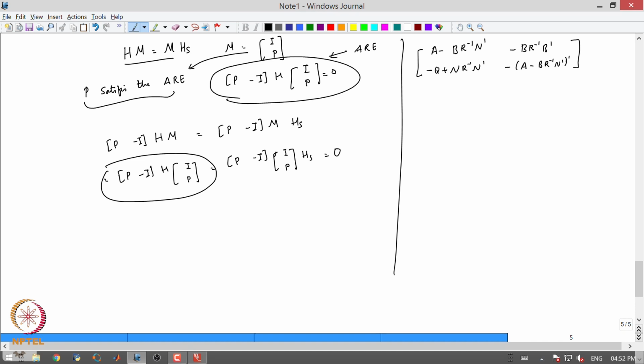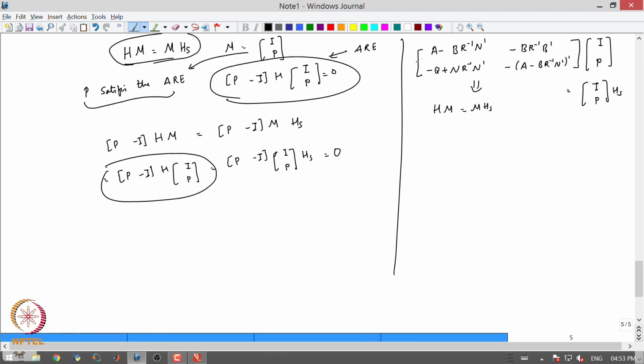Now substitute this H into this equation. So H M is M times Hs. Now what is my M of the form? M is of the form I and P. This is equal to I and P times Hs.